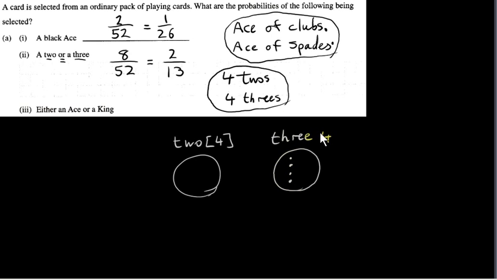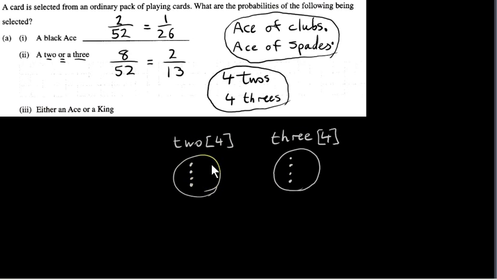And I can write that 4 in square brackets to indicate the cardinal number, or the number of elements in this set. These sets are disjoint, so that means they're mutually exclusive. If we get a 2 of some suit, that excludes getting a 3, and vice versa.